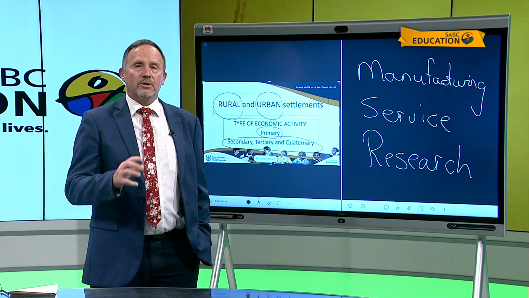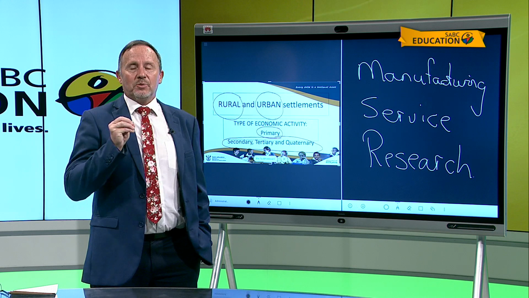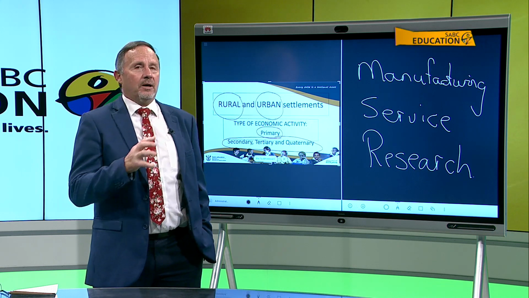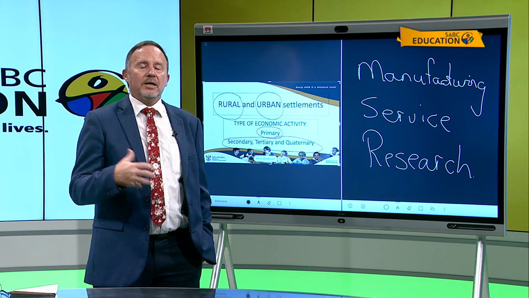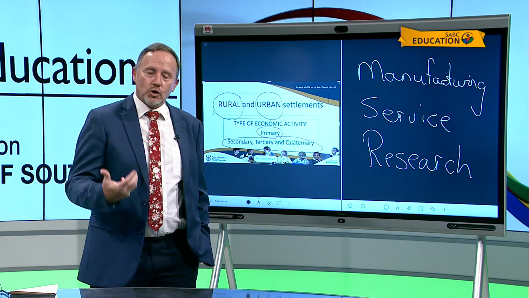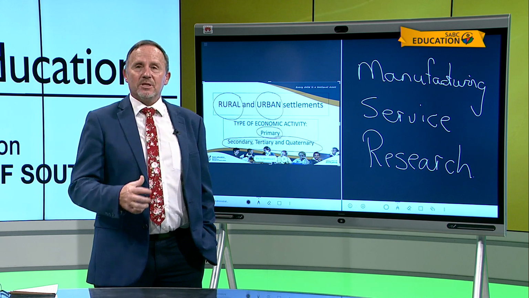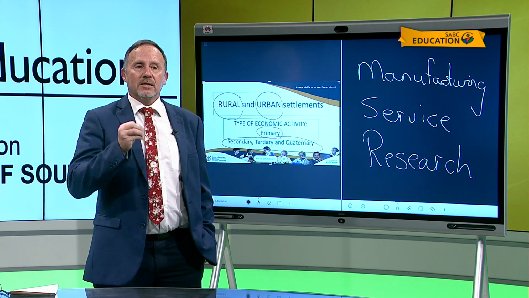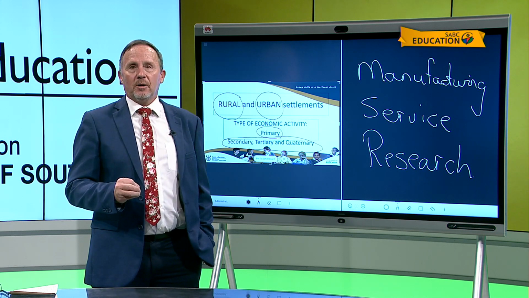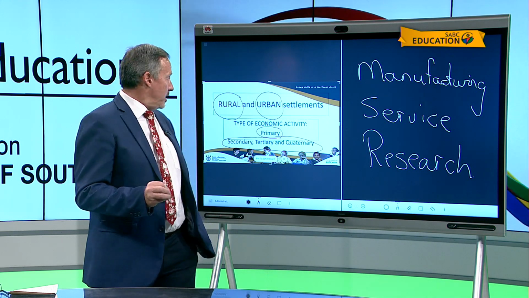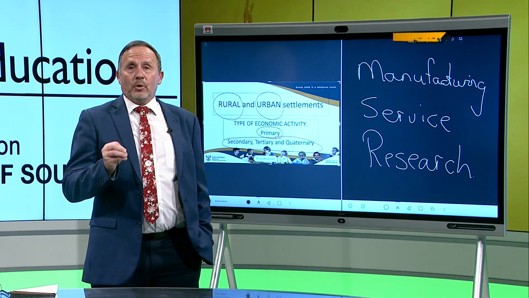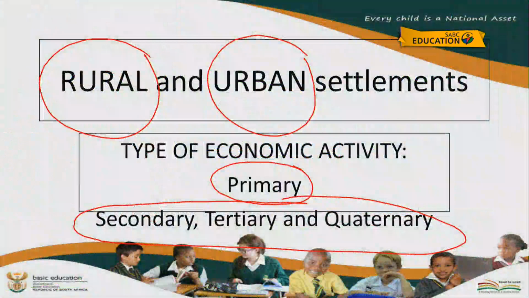Across the world, there is great conflict between people living in urban and rural settlements. It's an issue that might even lead to social and economic class issues. But for the purposes of the definition, please stick to those points. Primary is farming, fishing, forestry, and mining, and urban is secondary, tertiary, and quaternary.